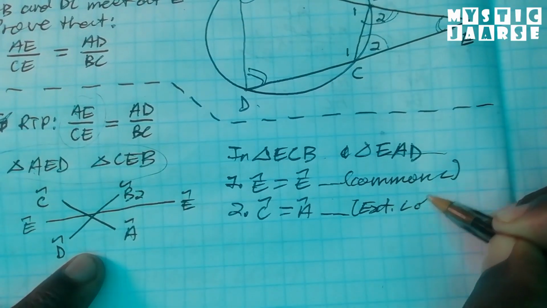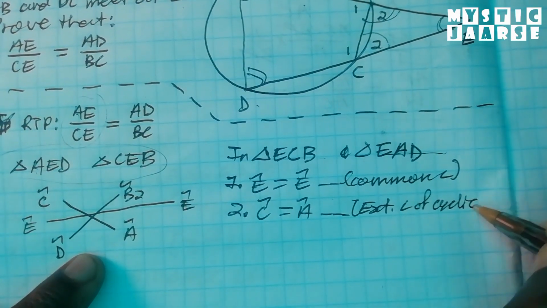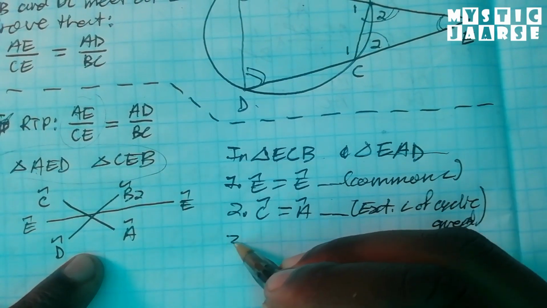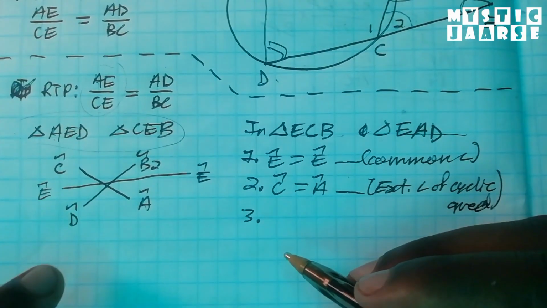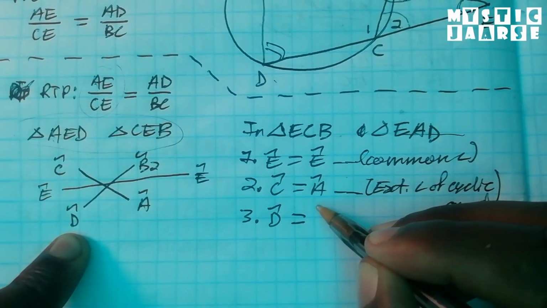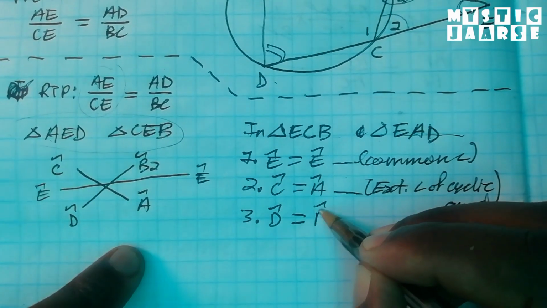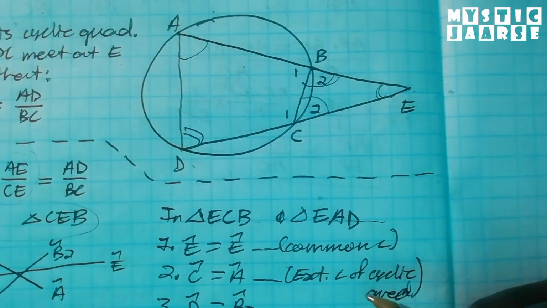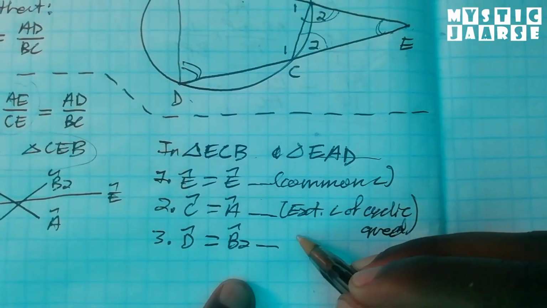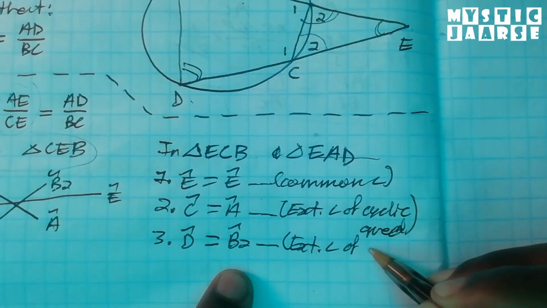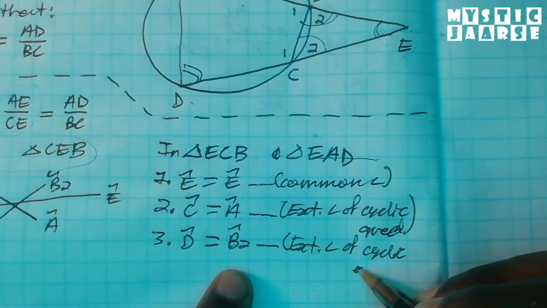And our third reason, we have angle D is equal to angle B2. We figure this out by using the exterior angle of a cyclic quad.